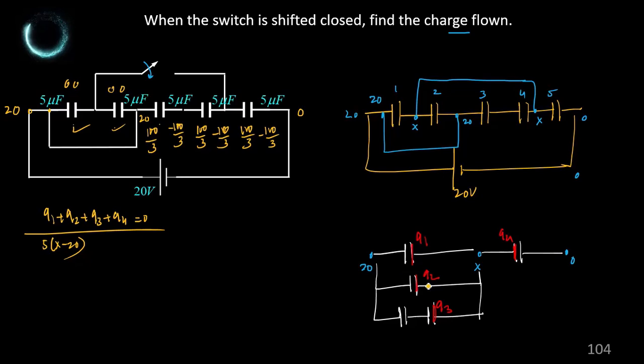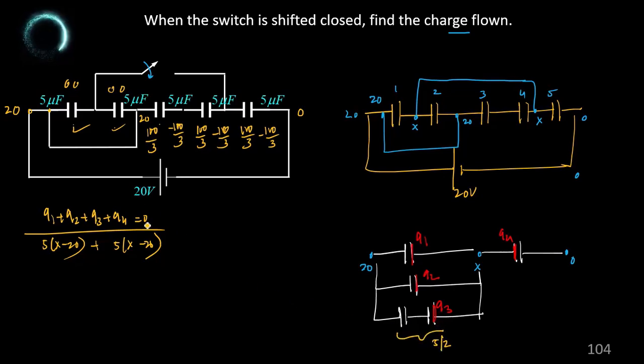Now Q2 is the same, Q3 is also the same, but for Q3 you should divide by 2. For Q2, it should be 5 into X minus 20. But for Q3, there are 2 capacitors, each of 5, so the equivalent is 5 by 2.